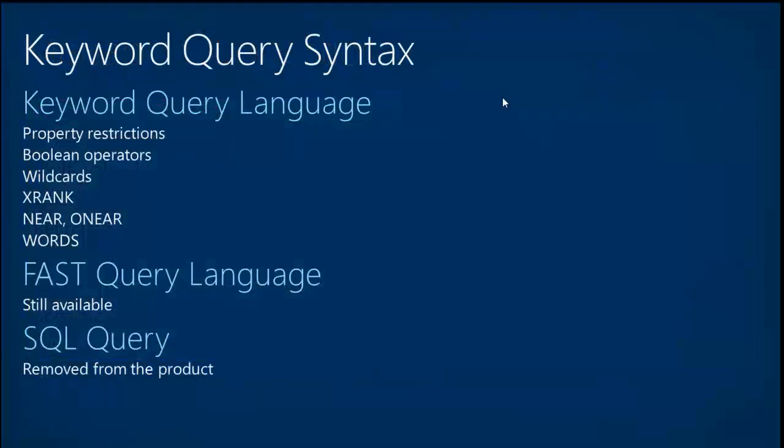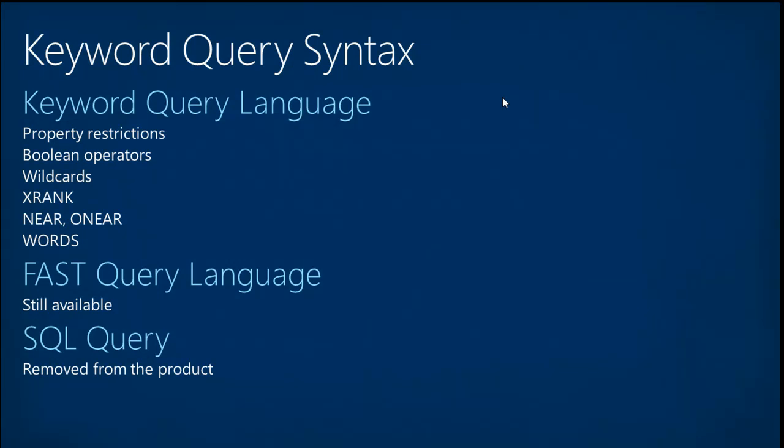Next is keyword query syntax. So in 2010, we had keyword query syntax and SQL query, and of course, FQL, or fast query language, for our fast people. So the story here is that the keyword query syntax in 2013 is now improved beyond what it was in 2010. And the idea really is that the keyword query syntax in 2013 is supposed to be all you really need.